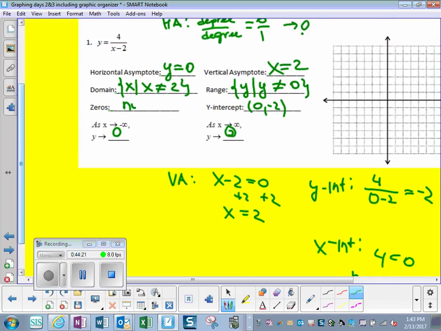No zeros. None. And by the way, as we've seen from our examples before, whenever horizontal asymptote is y equals 0, it means that we can never cross the x-axis, right? So by definition, I didn't even need to think twice. If horizontal asymptote is my x-axis, it means I will never cross it. So there is no zero, there is no x-intercept.